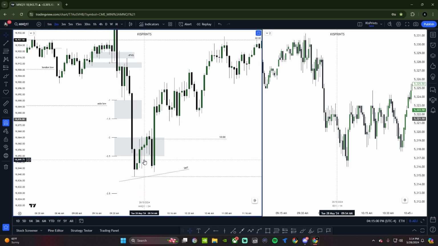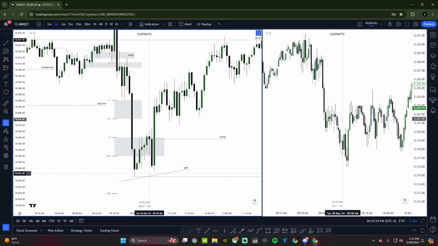But what do we notice about the other low at 10:02 on NQ and the same low on ES at 10:02? It's pretty obvious, right? We have SMT, which means NQ made a higher low and ES made a lower low. So ES decided to sweep one more time, NQ didn't.